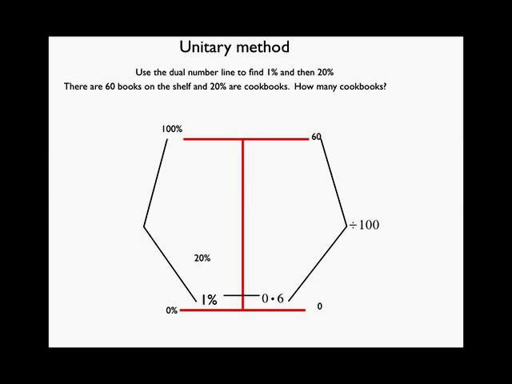That would give us what 1% represents. To get 20%, we would then have to multiply by 20. And so now, to find what 20% represents in the number of books, we would multiply 0.6 by 20 and we would get 12.